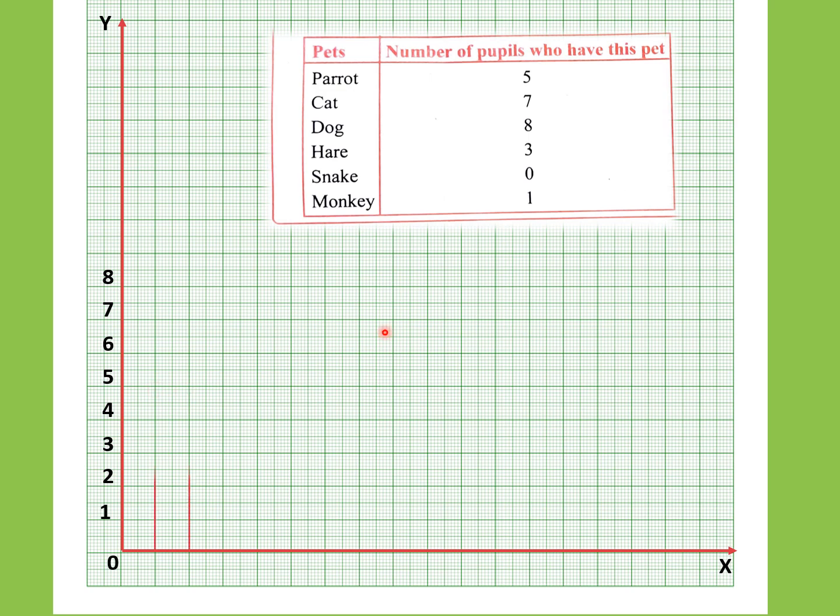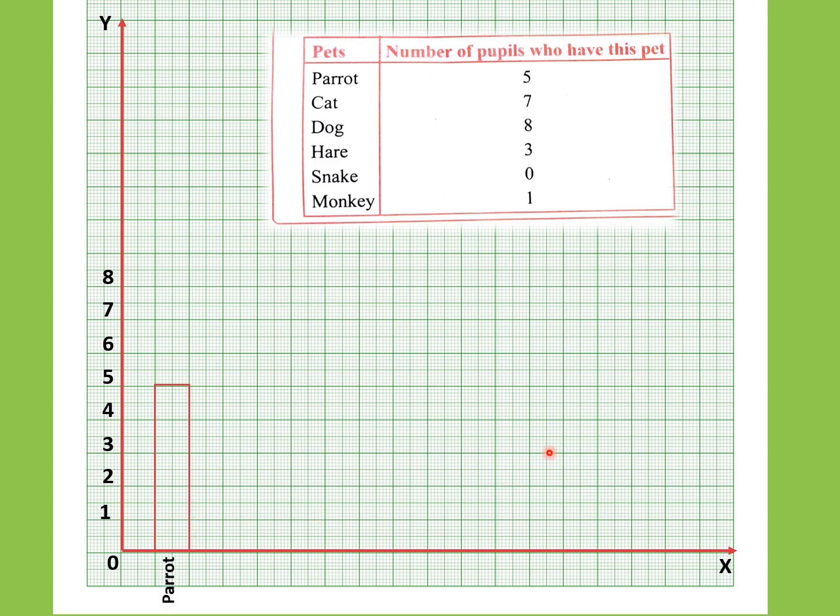Here, see, it will look like this after drawing. See, now in this graph this rectangle represents parrot. You see this is the marking of 5, so we have made a rectangle till the 5th division.